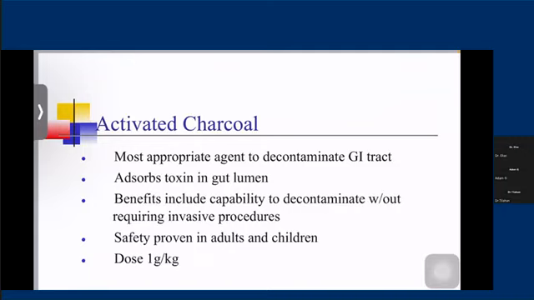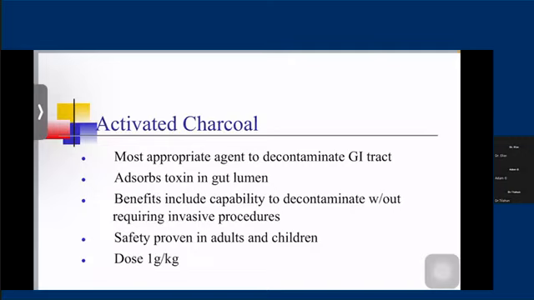The next is activated charcoal. Charcoal is one of the few decontaminants which is strongly recommended. It is the most appropriate agent to decontaminate the GI tract.